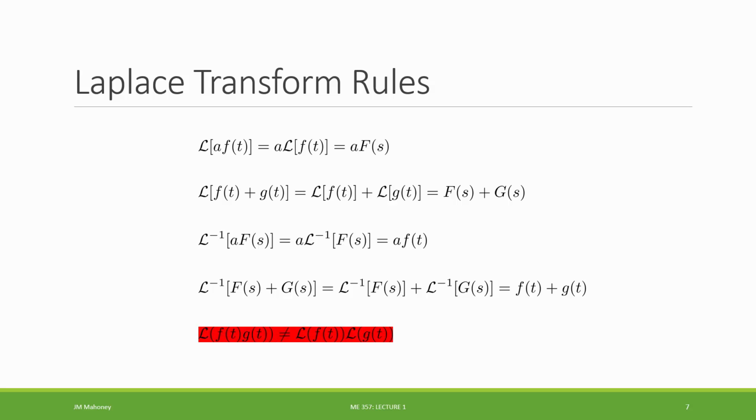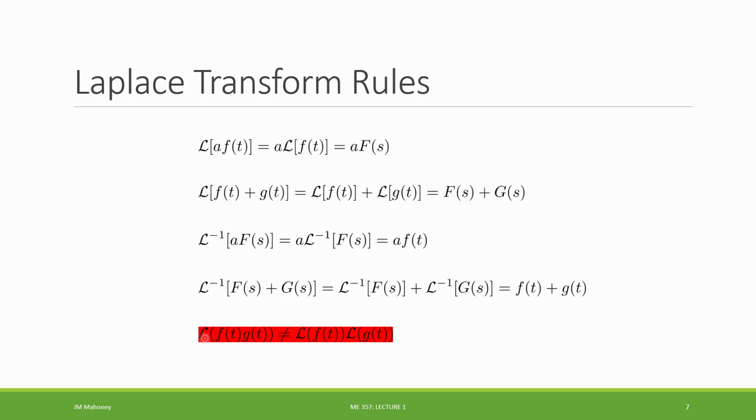All right, so here in red, I want to make sure it's clear this is not a Laplace transform rule, even though we would like it to be. So again, in rules 2 and 4, if I'm taking the Laplace or inverse Laplace of a sum, I can split it out into the sums of the Laplaces or the inverse Laplace transforms. That is not true, however, for the product of two functions, f and g.